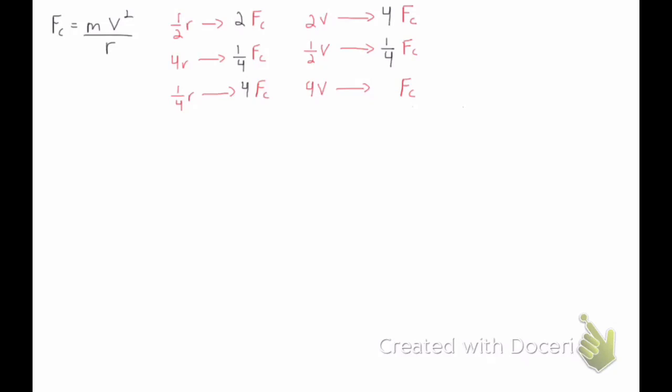Well, we must multiply the force centripetal by 16, because 4 squared is 4 times 4, which is 16. And finally, what happens if we quarter the velocity? Directly proportional. The force centripetal must be multiplied by 1/16.